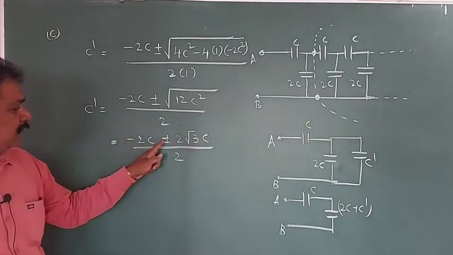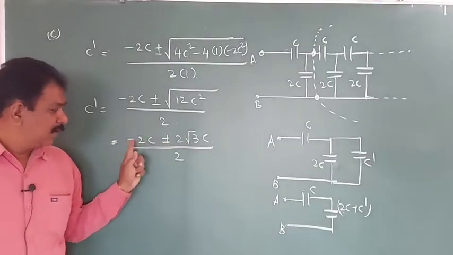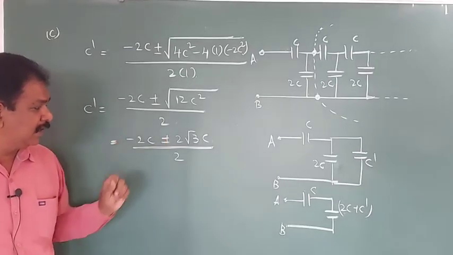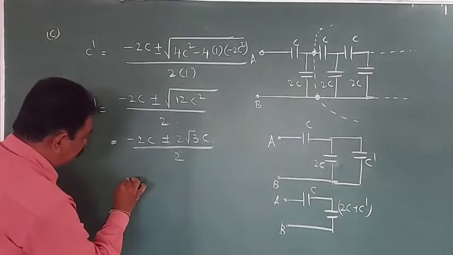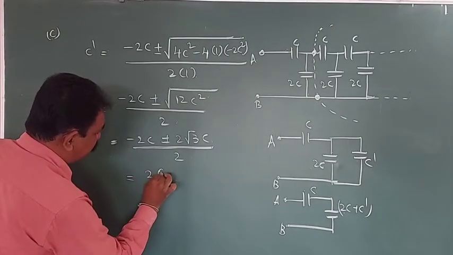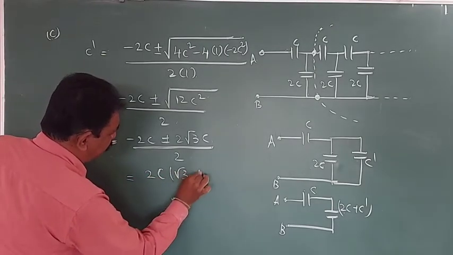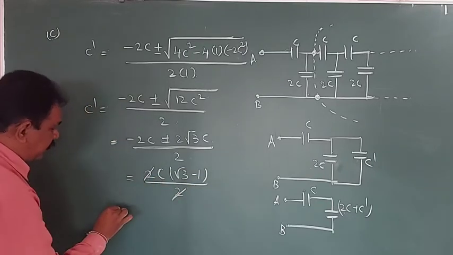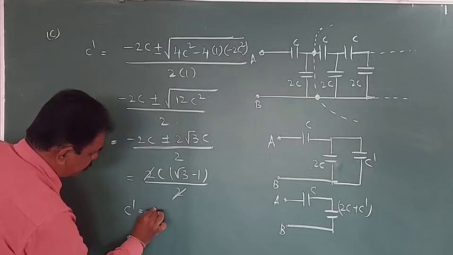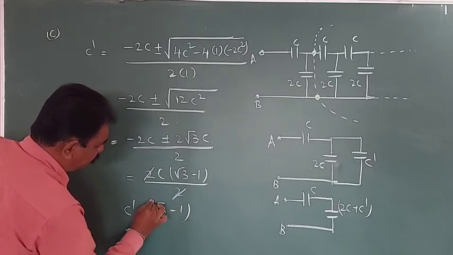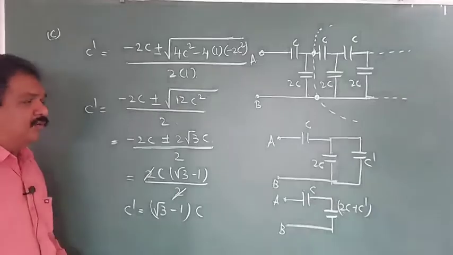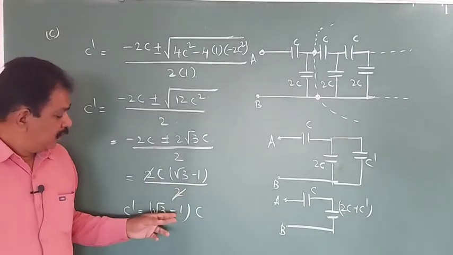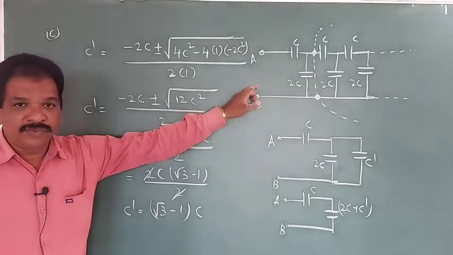If you take the minus, a negative capacity is meaningless, that's why we have to consider it as positive. Take 2 common: 2C, root 3 minus 1 by 2. 2 will cancel. C dash is equal to root 3 minus 1 into C. This is the effective capacity of this circuit.